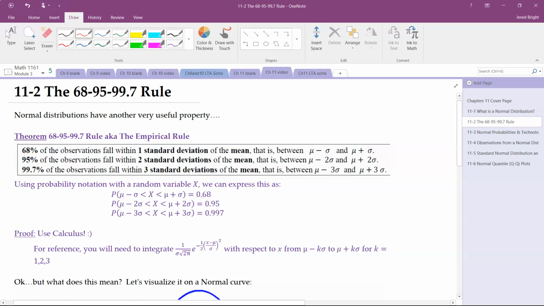And if we go 3 standard deviations, so minus 3 sigma, all the way to the left, to 3 standard deviations to the right, covering 6 total standard deviations, then we have effectively all the data, 99.7%.